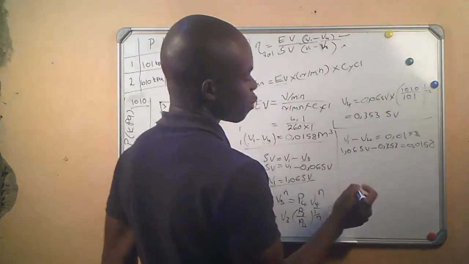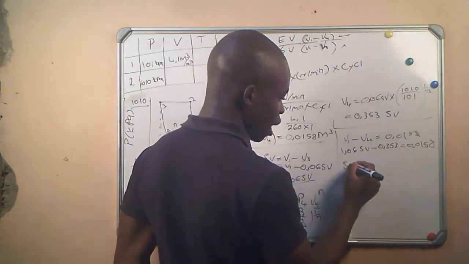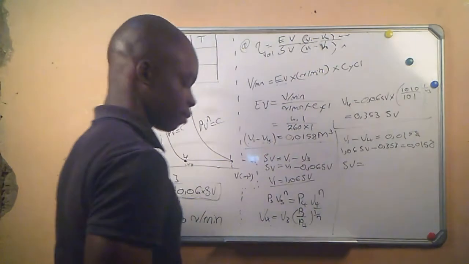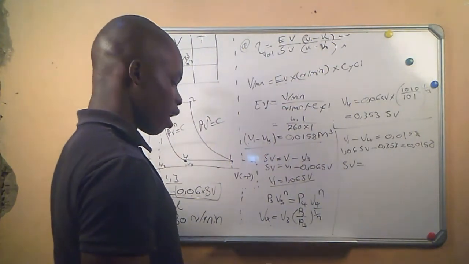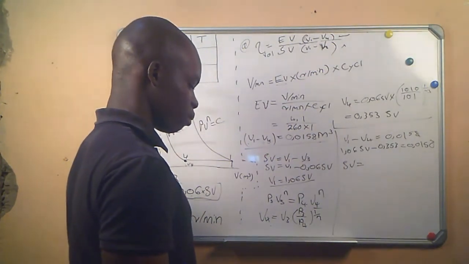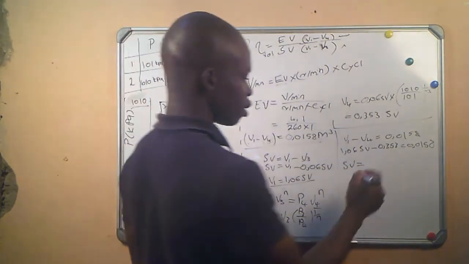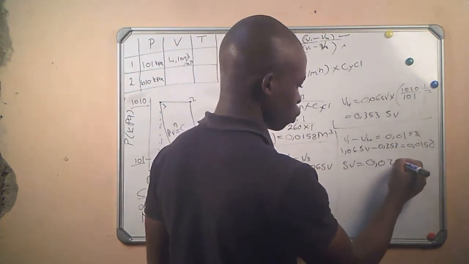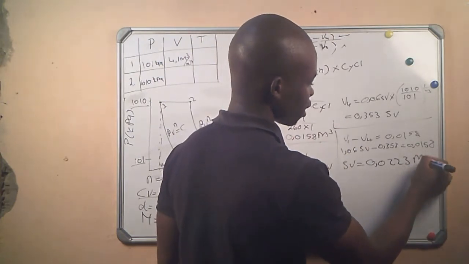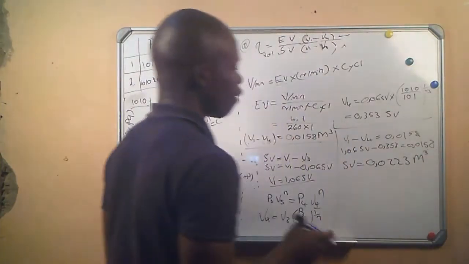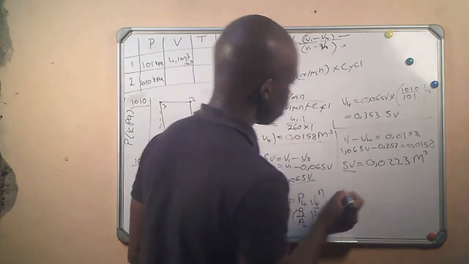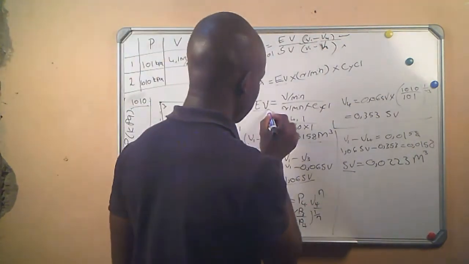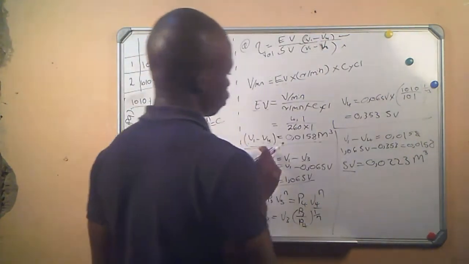We divide both sides, and then our SV is going to be 0.0223 cubic meters. And then from here we have SV, and then we have the effective volume, which is this one.